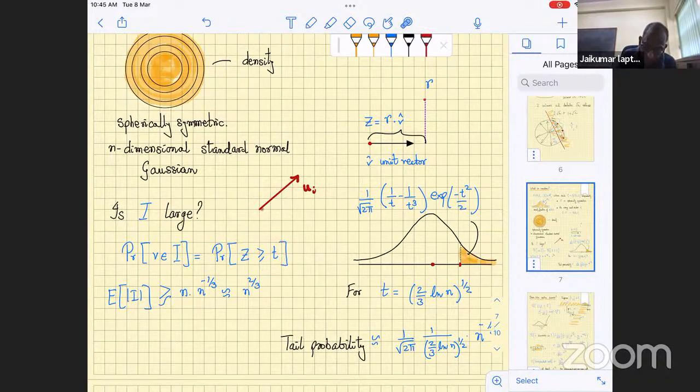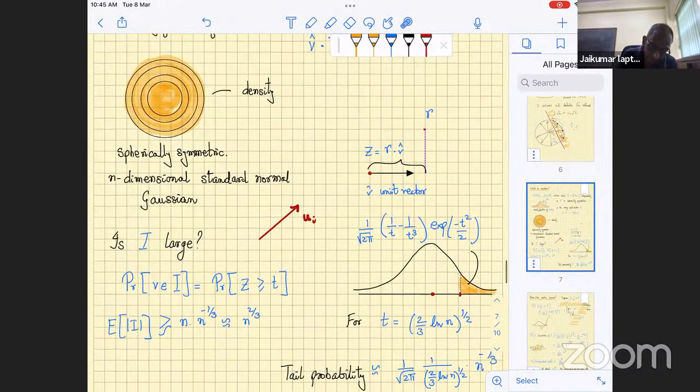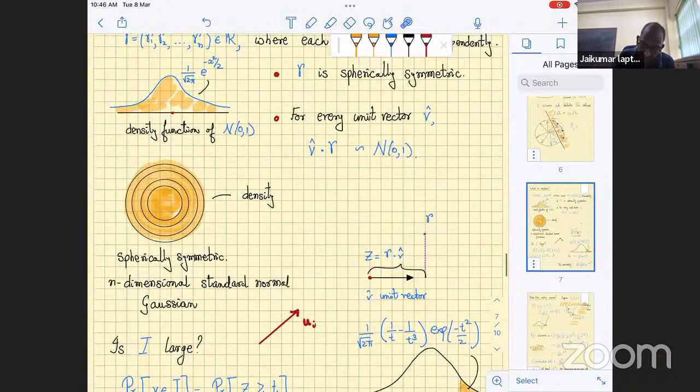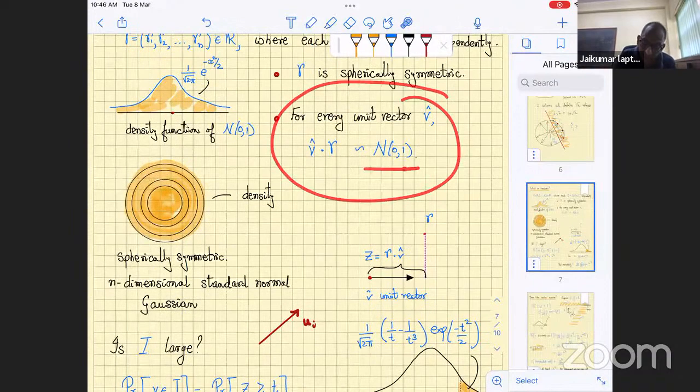Gamma is chosen according to this distribution. It may be chosen somewhere, it falls somewhere. What is the probability that gamma makes a good dot product with this vector, at least a dot product of T with this vector? Well, this fact comes to our rescue.